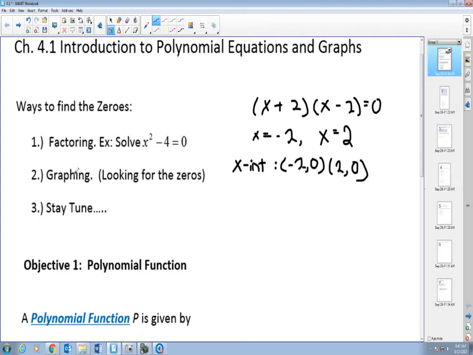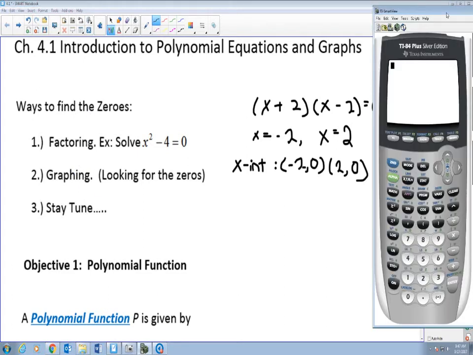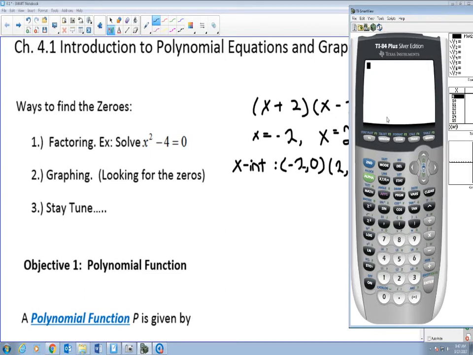Alright, I can also find zeros by graphing. Remember, if we do it by graphing, what we'll be looking for is basically the x-intercept. So for example, x to the second power minus 4, the zeros of my polynomial are where the x-intercepts occur, so that will be -2 and 2.